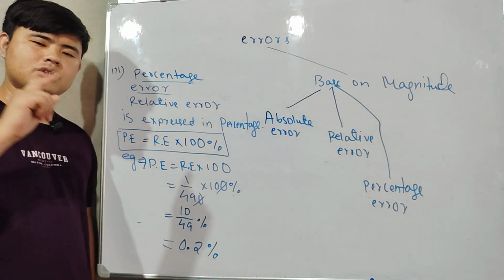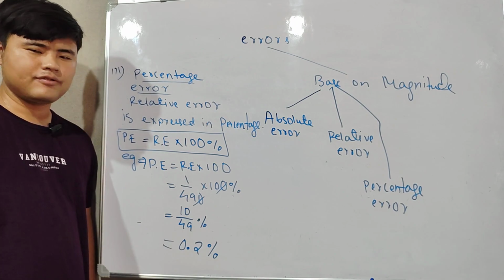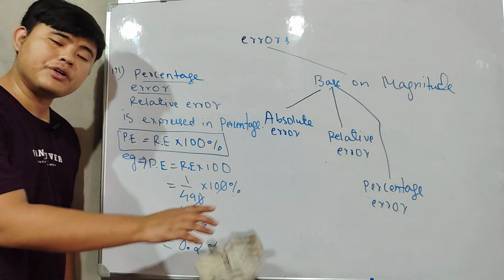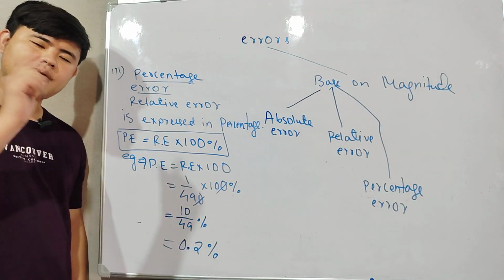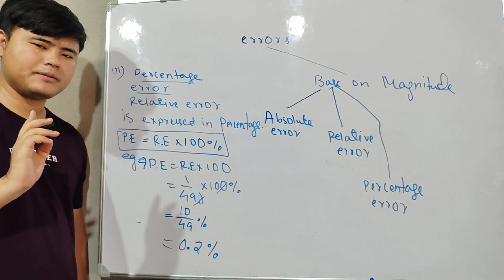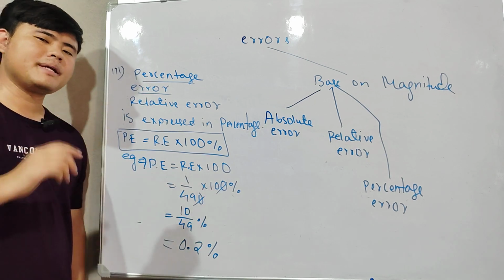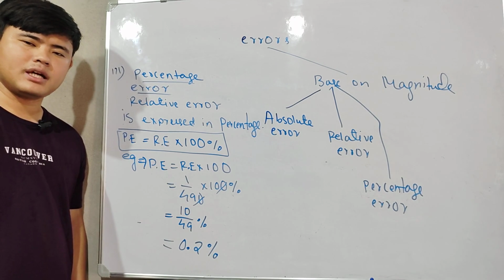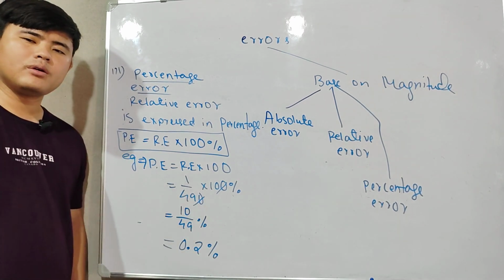N number of observations means we have done the observation multiple times. So at that time, what do you have to do? First you have to take out their mean. Suppose you are getting multiple time periods. Out of those multiple time periods, they are telling us to find the absolute error, relative error, and percentage error. Now there is no true value.